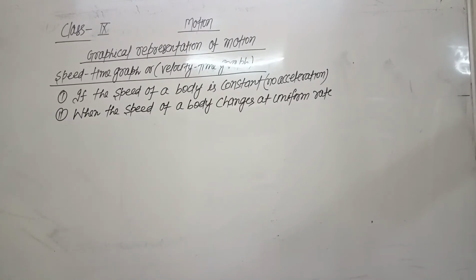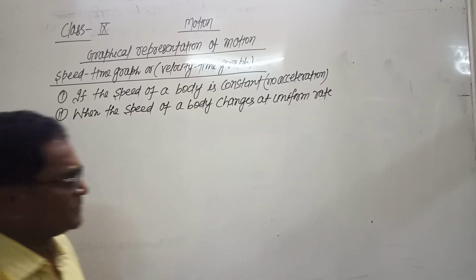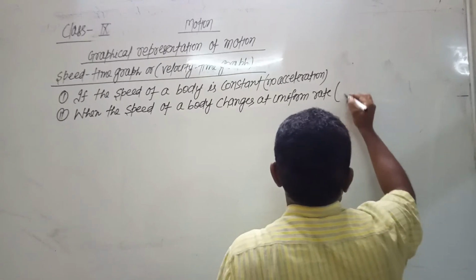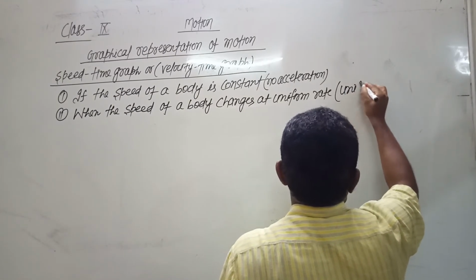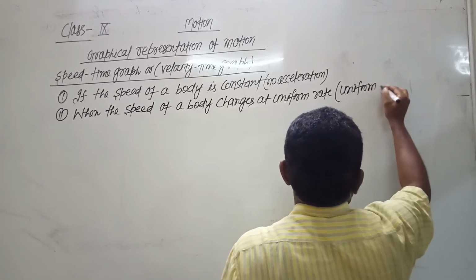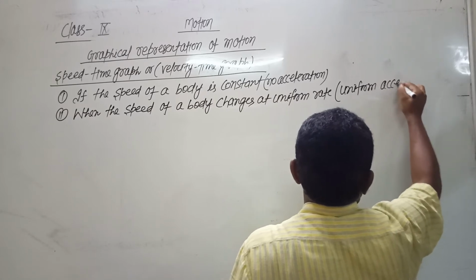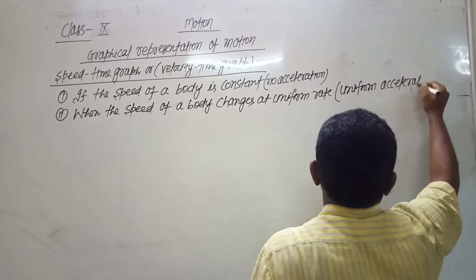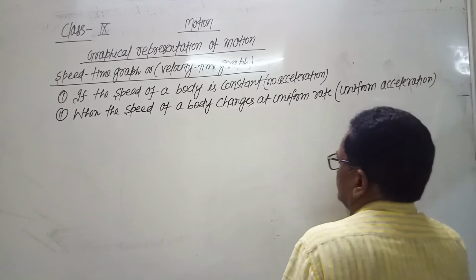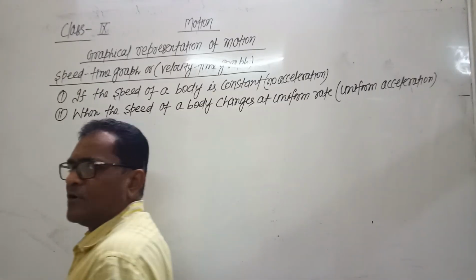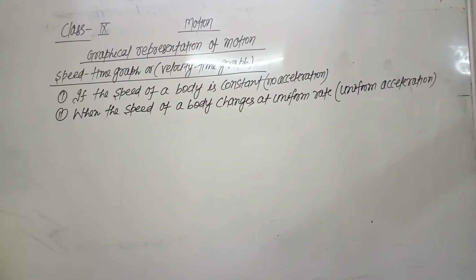So when the speed of a body changes at uniform rate, it means it has uniform acceleration. If the speed changes at uniform rate, then it has uniform acceleration.